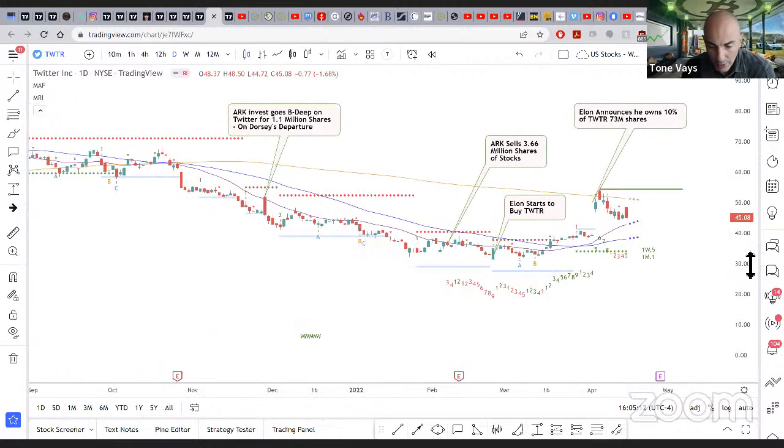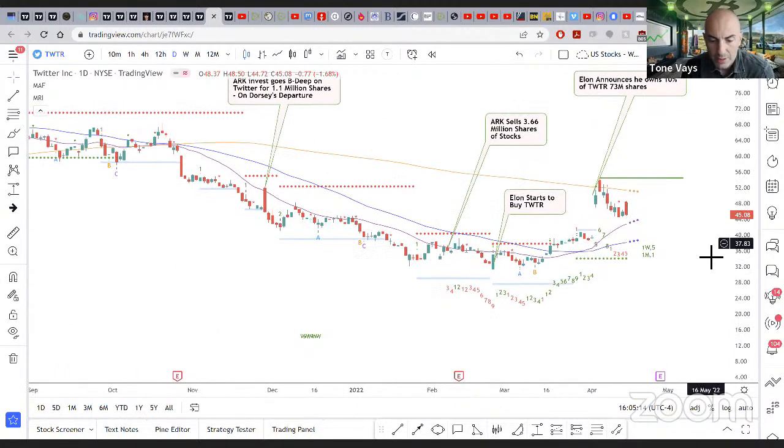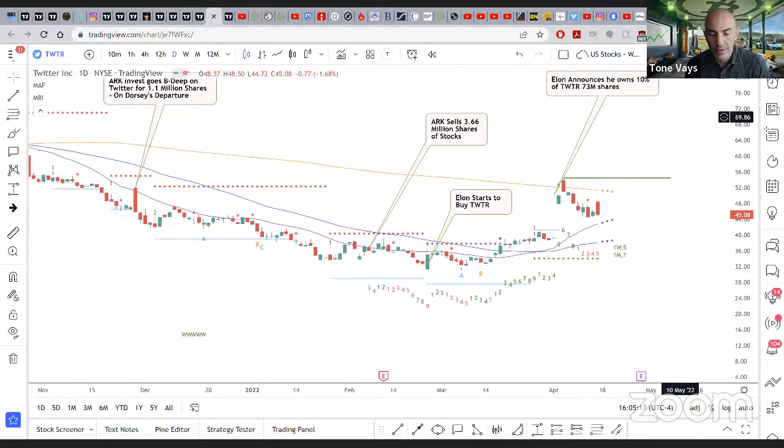So my view on Twitter is it's going down. I don't think Elon would be allowed to buy it. I don't think the government would let him buy it. The movement of anti-Elon for Twitter has now taken on a life of its own.